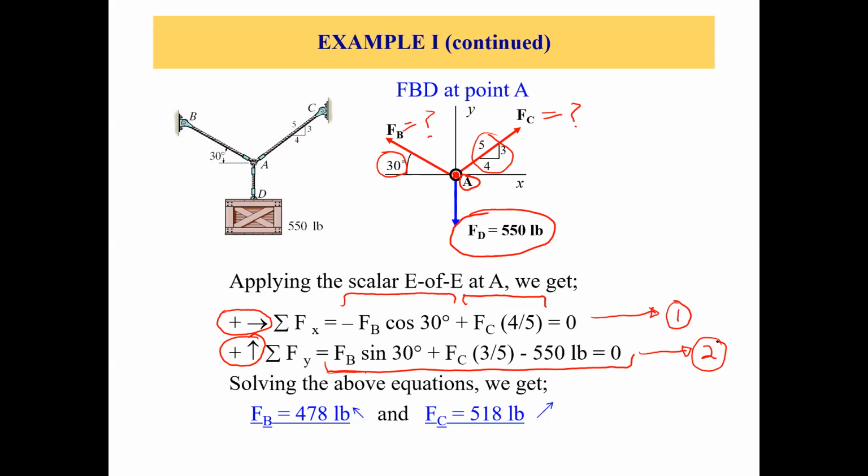I'm not going into the details of solving these two equations because you already know this simple math. So FB equals 478 pounds and FC equals 518 pounds. That's how we are done with this problem, finding the unknown forces in the two cables, AC and AB.